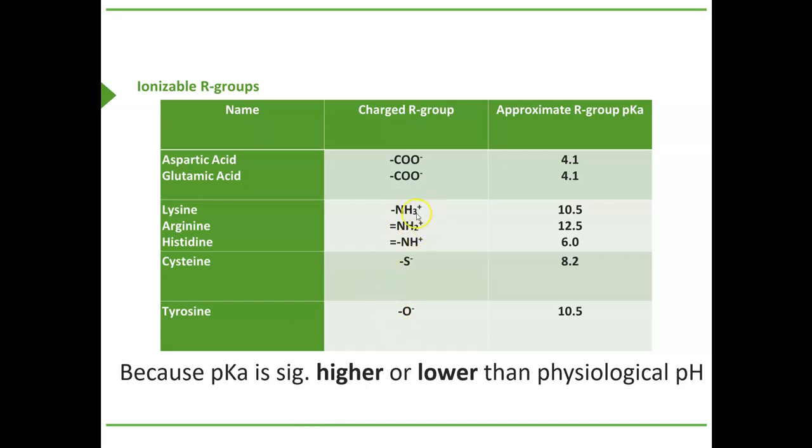For example, these amine side chains would be positively charged at physiological pH. If we have a carboxylic acid, we're going to be able to have ion interactions, and those are very strong intermolecular forces.